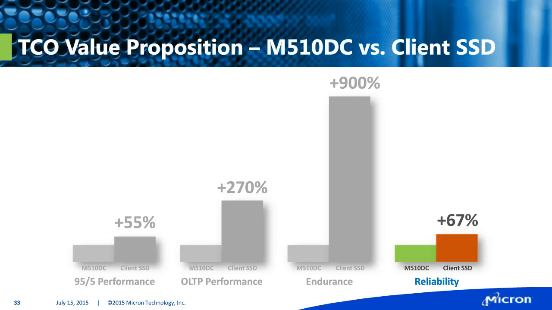This means there's a 67% better chance that a client drive would face a reliability issue than an M510DC in an enterprise data center application, one that's expected to run 24/7. So the M510DC obviously presents a very clear value proposition over a client class SSD when considering these metrics.